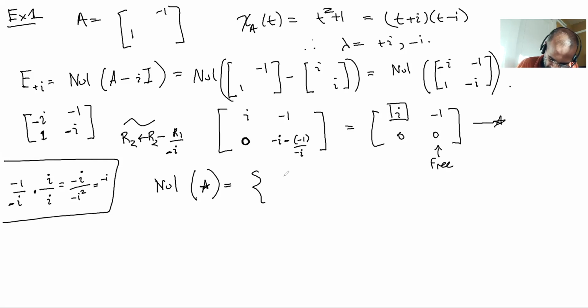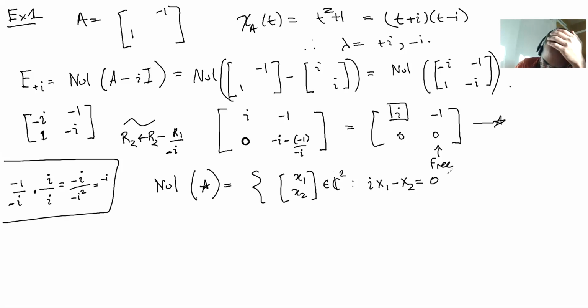is the set of all vectors x1 and x2 in C2 so that ix1 minus x2 equals 0, right?